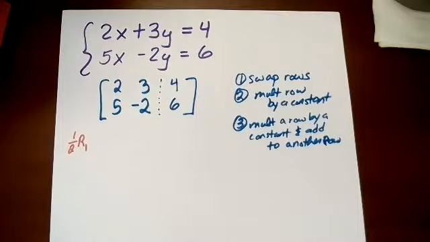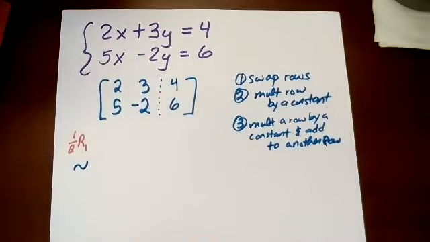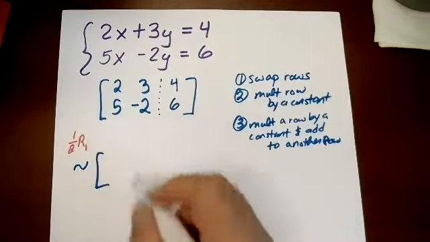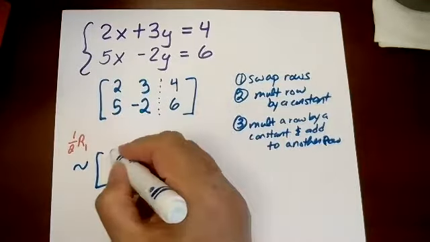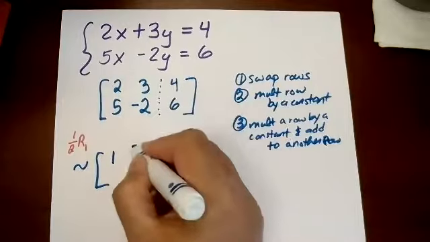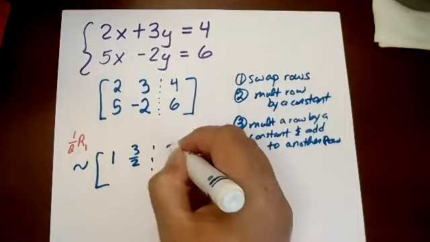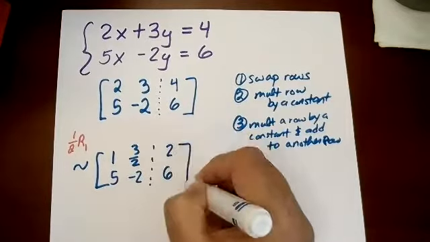And then we say they're equivalent, and our little notation for equivalent is a little squiggly. They're not equal. The matrices aren't equal. They're equivalent in that they have the same solution. So multiplying row 1 by 1/2, 2 times 1/2 would be 1. 3 times 1/2 would be 3/2, and 4 times 1/2 would be 2. The second row is not changing.